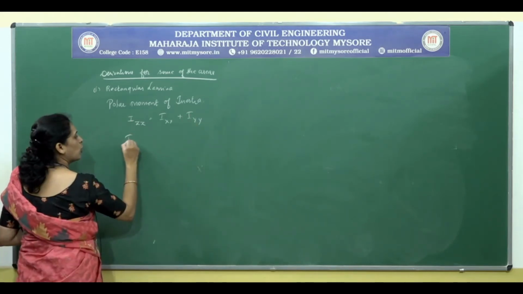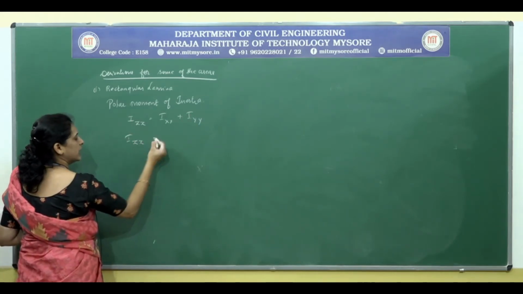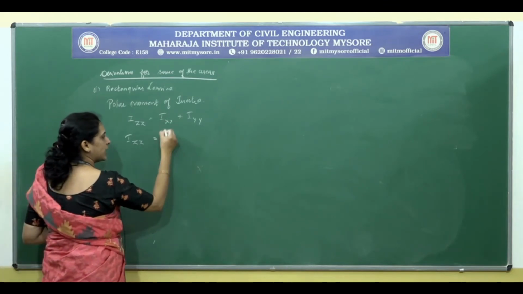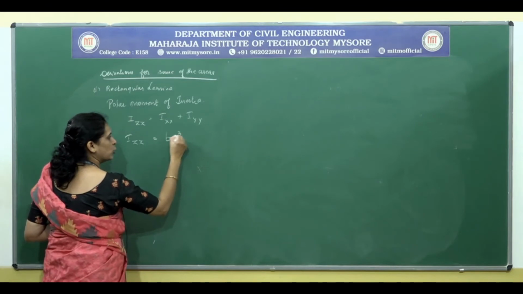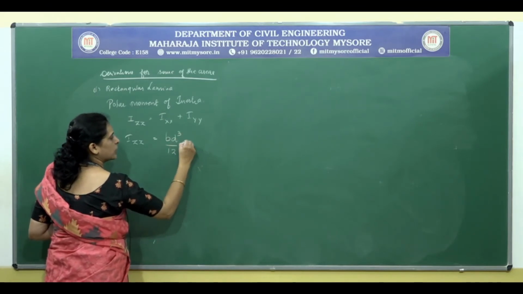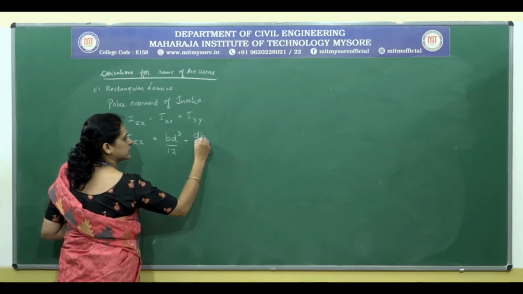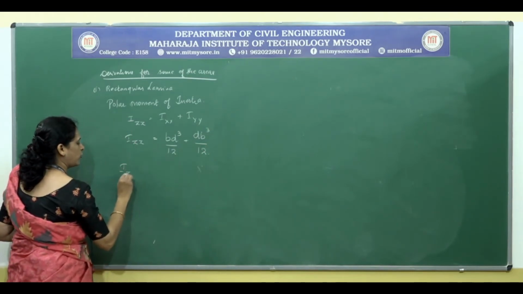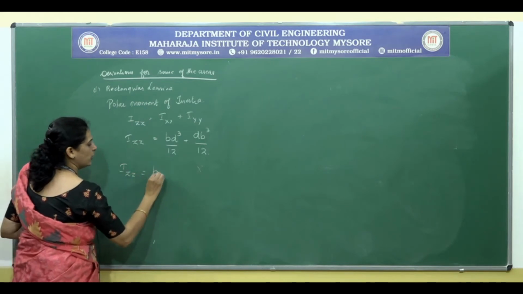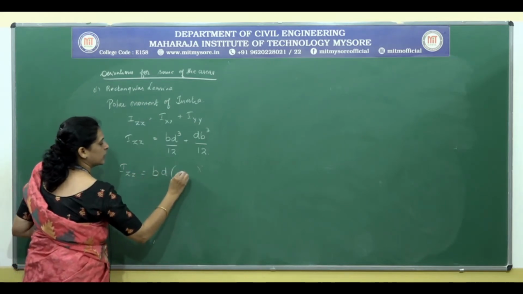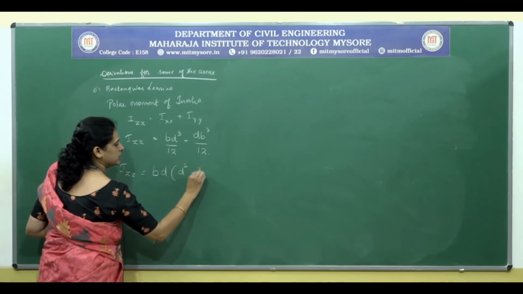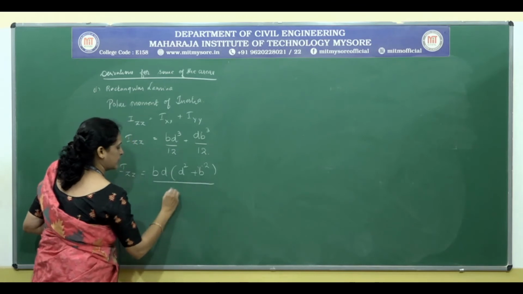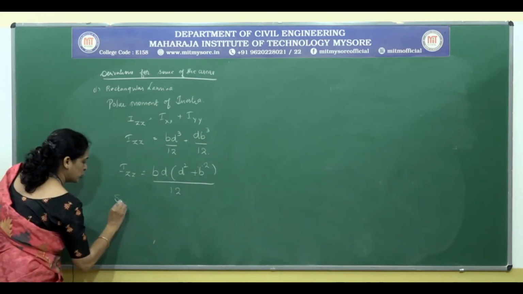We know Izz is the polar axis, Ixx is BD cube by 12, Iyy is DB cube by 12. So upon further simplification, we get Izz equal to B times D into D square plus B square by 12.